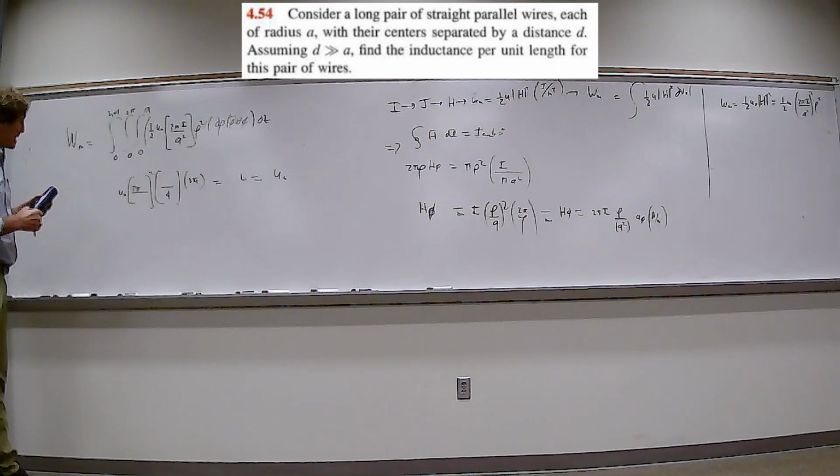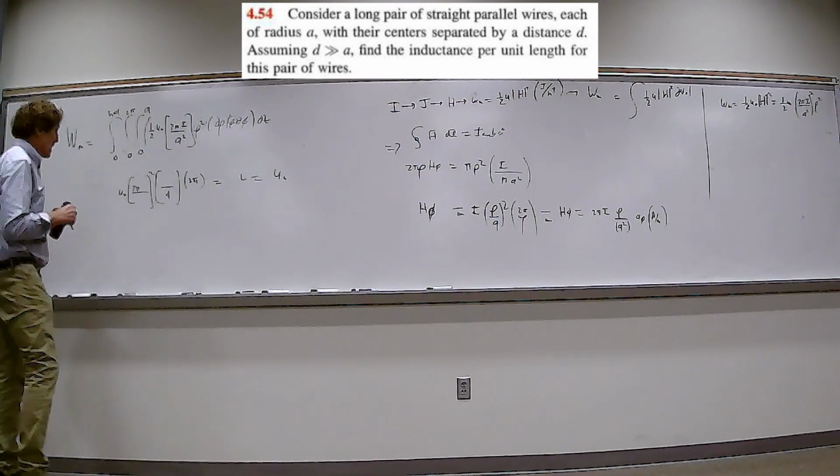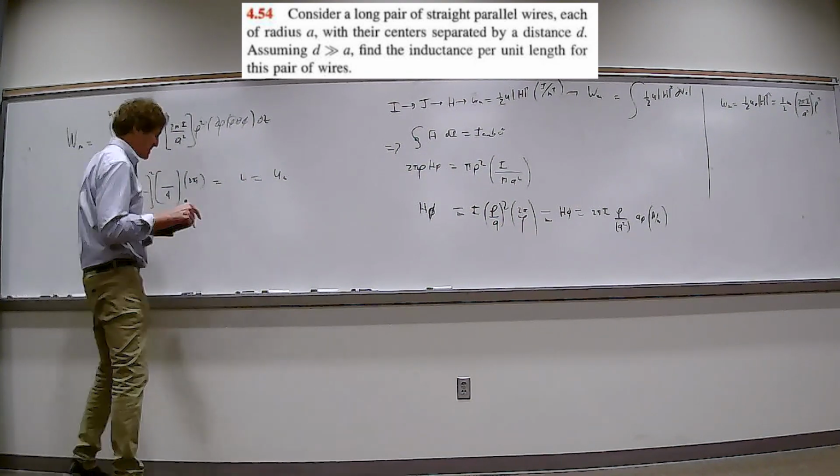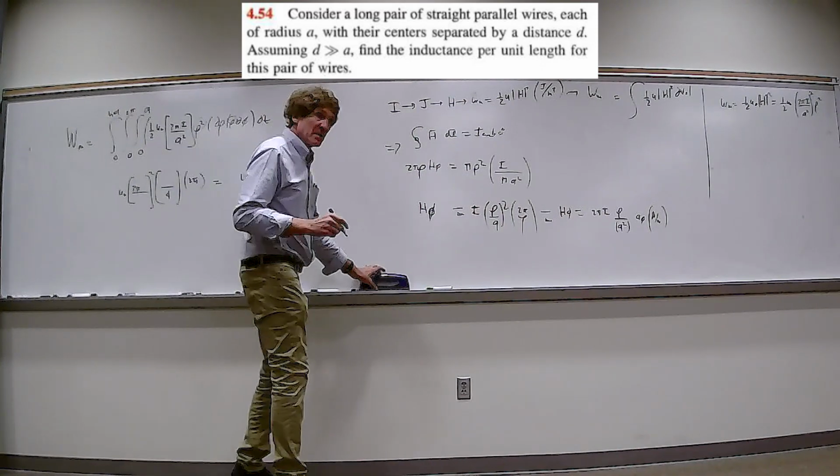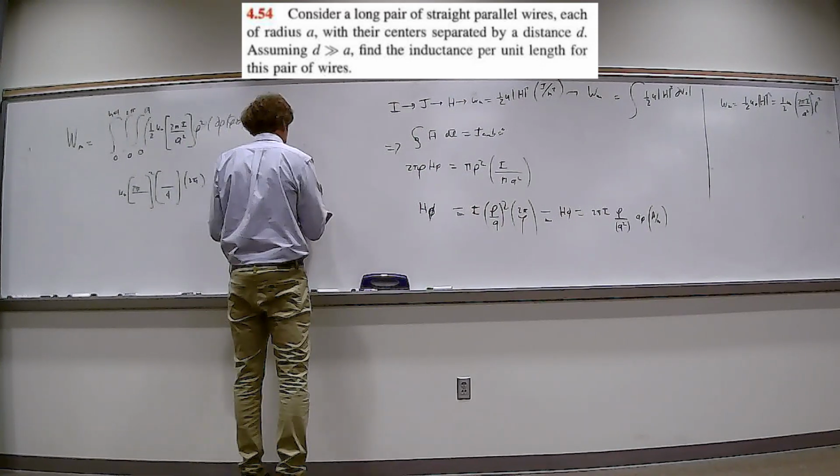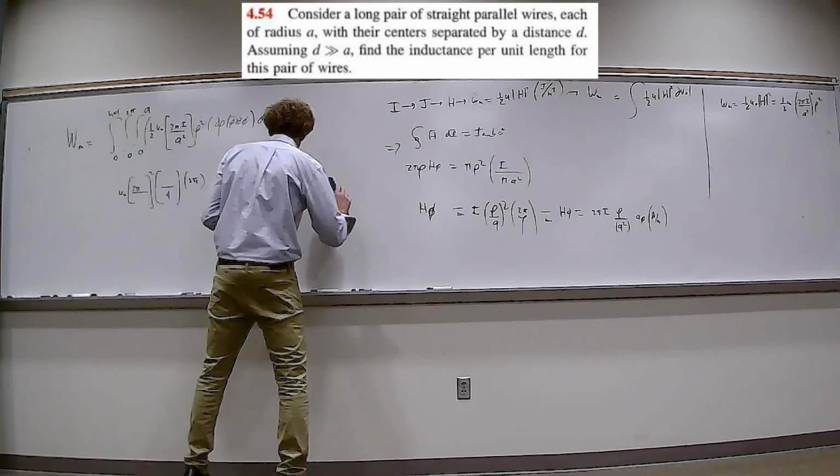Do you all agree with that? All right, now we're going to get 4. So what is that going to be, class? Take a look at it. That's mu0, L is what?